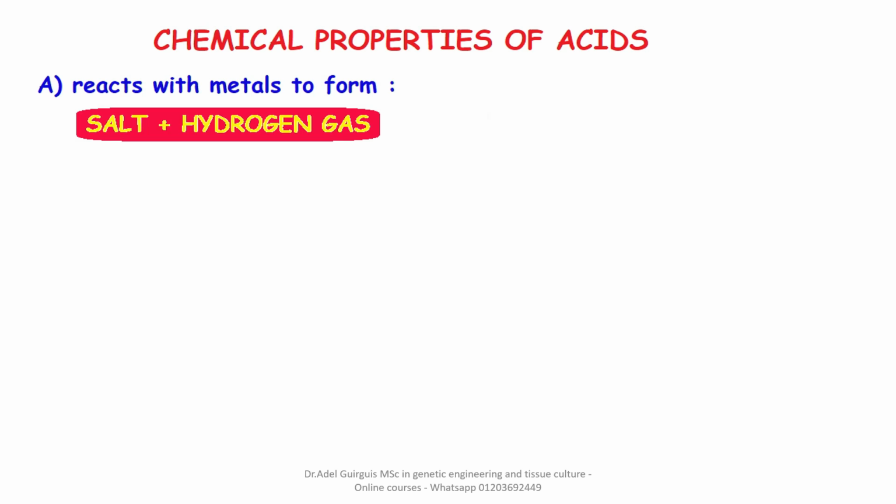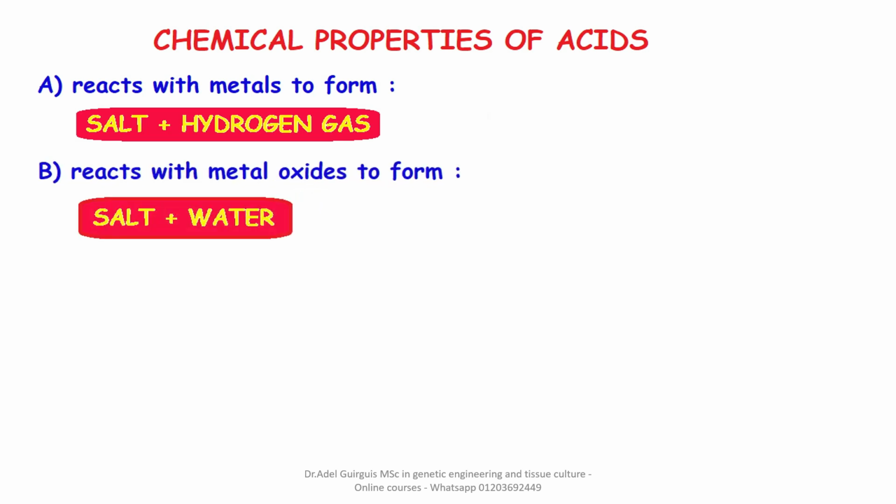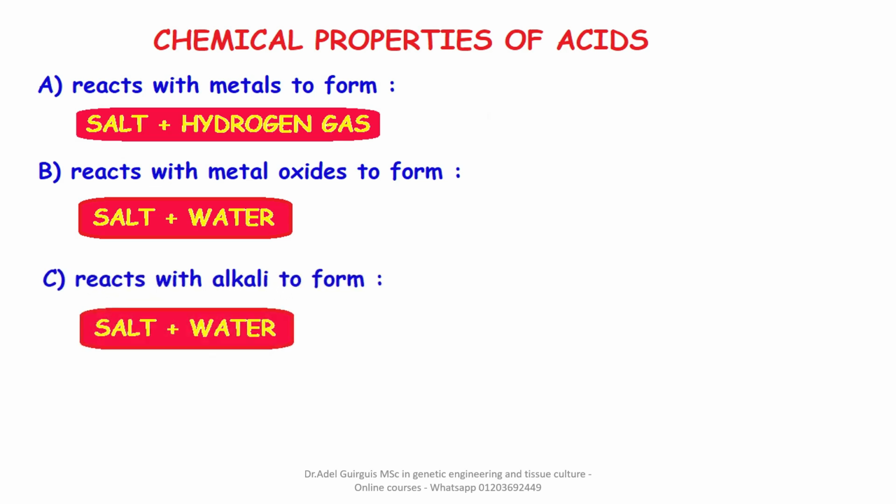What about the chemical properties of acids? First type of reaction: acids react with metals to form salt plus hydrogen gas. Letter B: reacts with metal oxides to form salt plus water. Reacts with alkali to form salt plus water. This is called a neutralization reaction between acid and alkali.